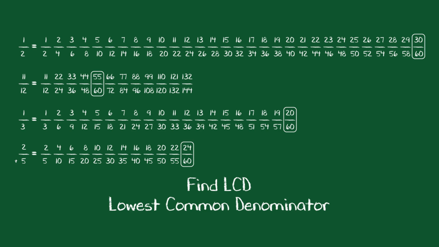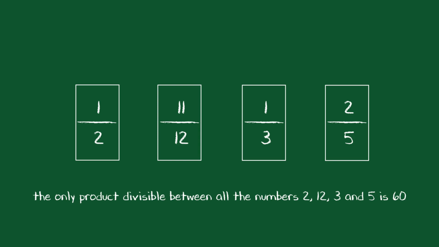You have to find the lowest common denominator between all of the bottom numbers. So now you have to find the common denominator between the 2, the 12, the 3, and the 5. The only number divisible by all of 2, 12, 3, and 5 is 60.